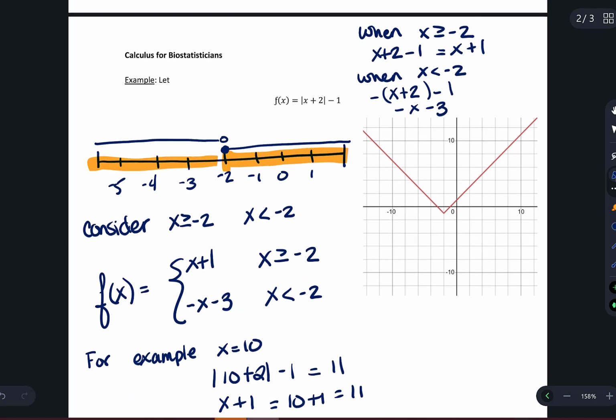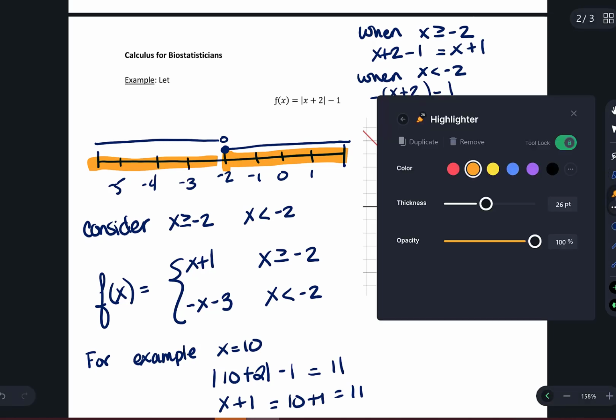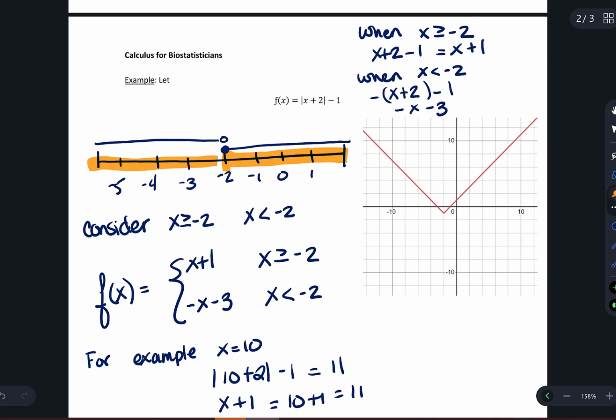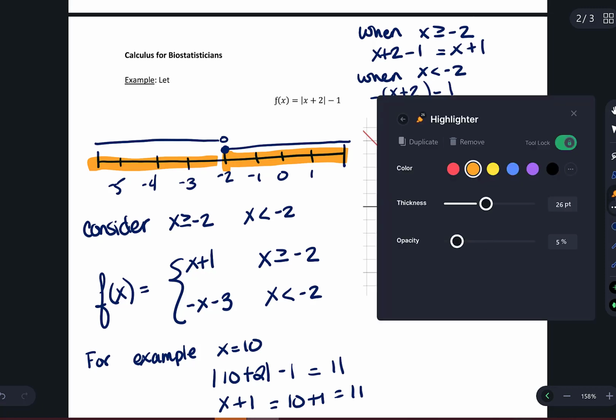All right. So the reason it's useful to write these as a piecewise function is that it can often help us determine where we may have an issue with continuity or we may have an issue with the limit. And so we can see that if we're going to have any issues, these are probably going to occur at -2. So let's draw a vertical line at -2 on our graph.